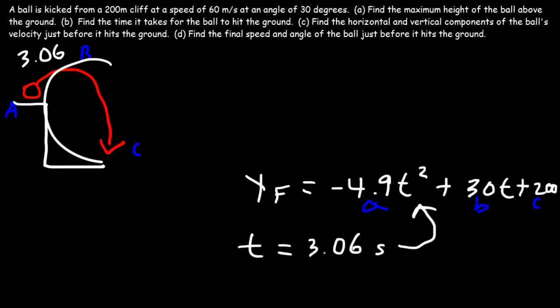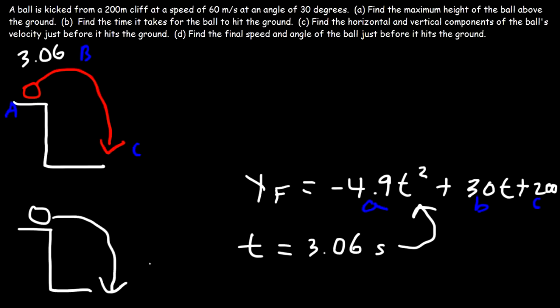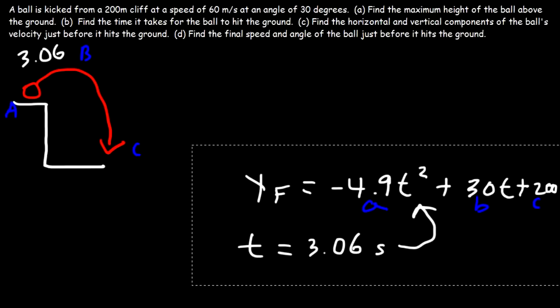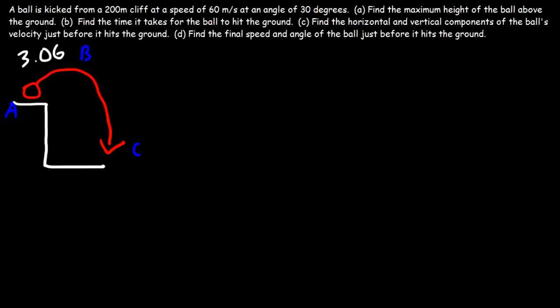So notice that from B to C, we have this trajectory. It's the same trajectory where the ball simply rolls off the cliff and hits the ground. And in that case, we can use h is equal to 1/2 at squared. In this case, we need to use the total height from B to C, which we have in part A. So h is 245.92.